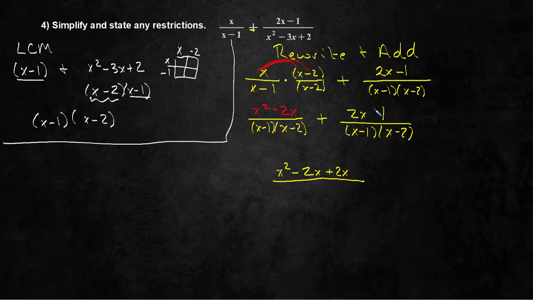That should be a minus 1 all the way down. And so you have x minus 1 times x minus 2 in the denominator. And combining like terms, we end up with x squared minus 1 over x minus 1 times x minus 2.